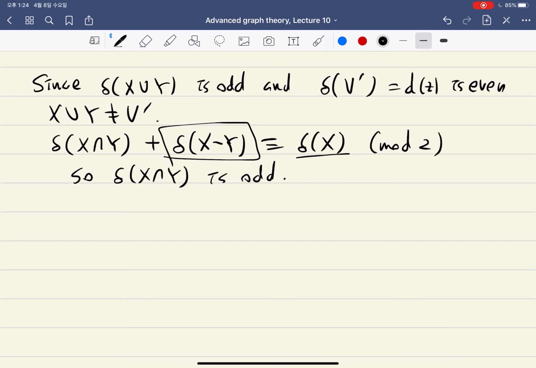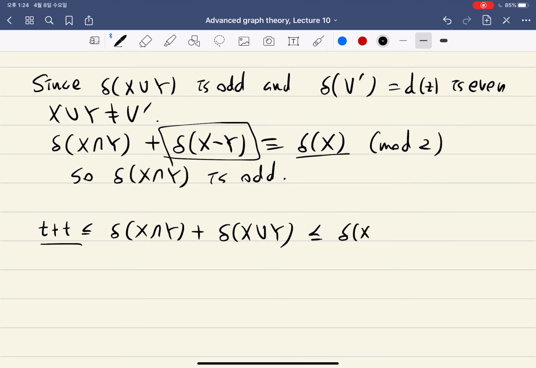So what do we know? We know that if we take the intersection and union and add, then those two are both odd numbers and at least t plus t. Each of them is at least t.